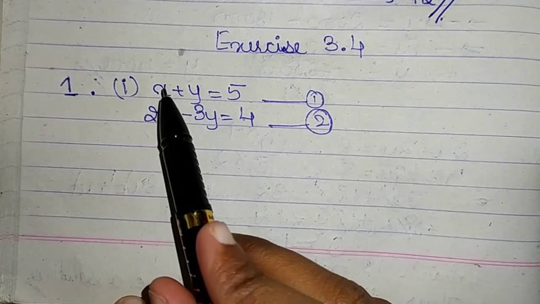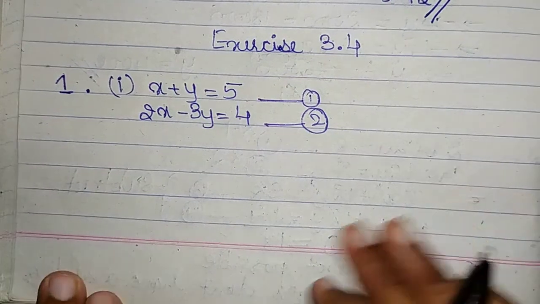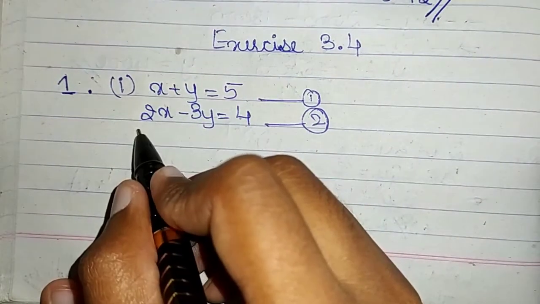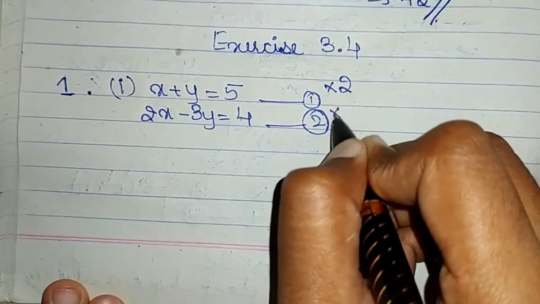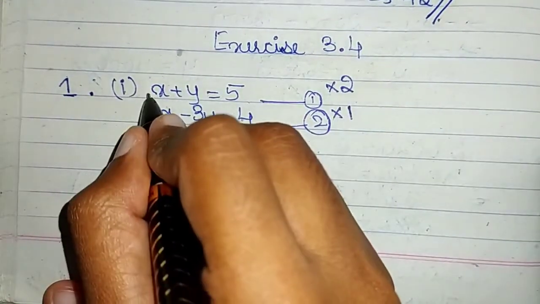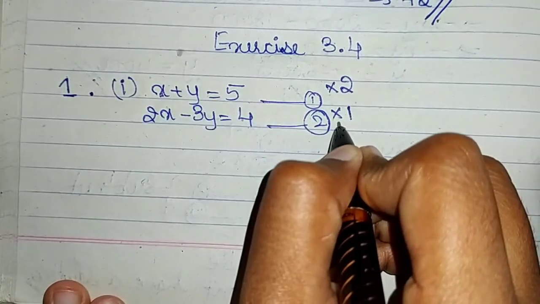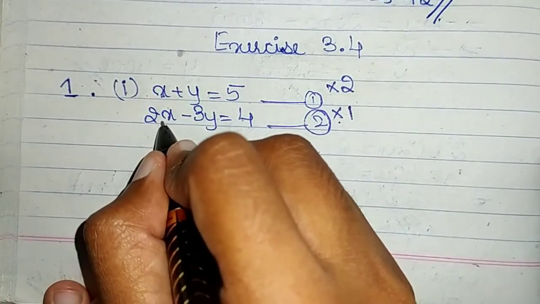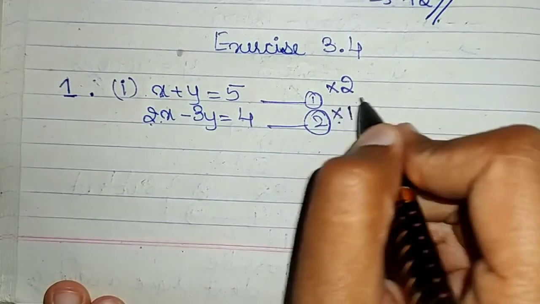I'm going to eliminate x here. You can try doing this by eliminating y. So for eliminating x, multiply equation 1 by 2 and equation 2 by 1, because the coefficient of x in the first equation is 1, so multiply by 2, and the coefficient of x in the second equation is 2, so multiply the first equation by 2.